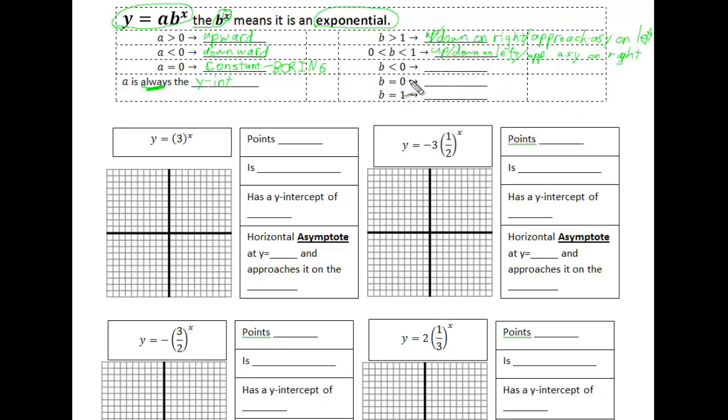If b is less than 0, we're going to have a negative to the power of x. And a negative to a power really only makes sense on integers and some fractions. But if it's to a power of a half or something like that, it doesn't work. So when we're talking about an exponential, b is never allowed to be negative.